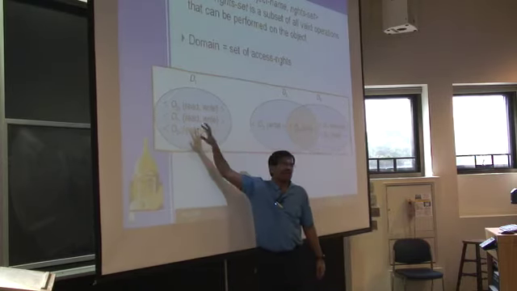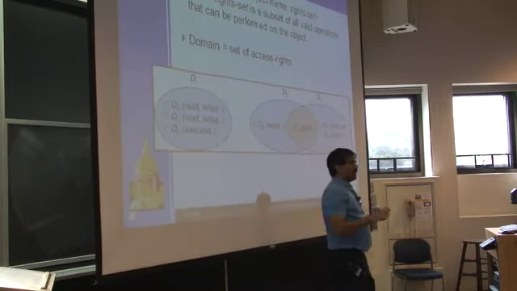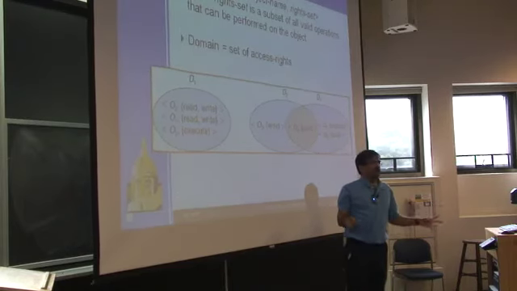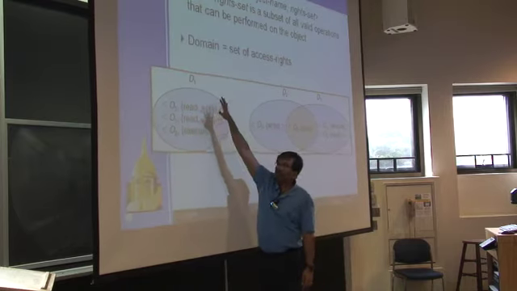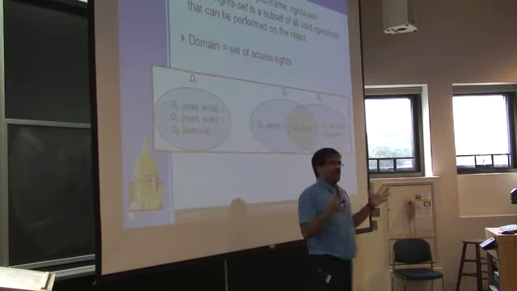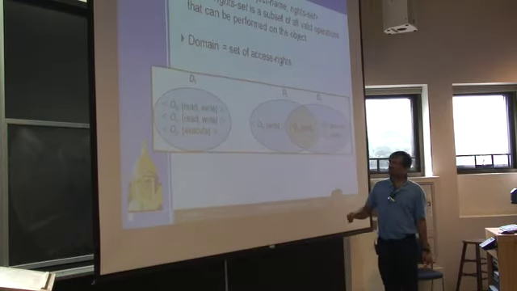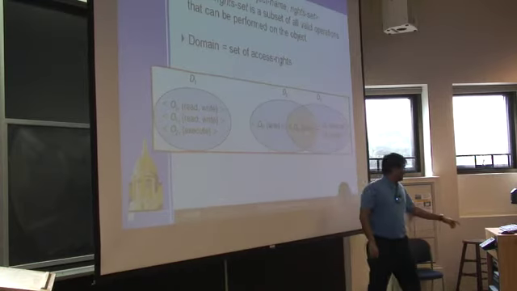So on object 2, I can execute them. On object 1, I can do these things, and so on, right? Objects can be files, objects can be printers, objects can be anything you can think of. All the stuff we talked about in the operating system so far would be a notion of object. And within a domain, meaning when you're in this domain, you would do certain operations, and you can think of intersections where you can do both in this domain, right?